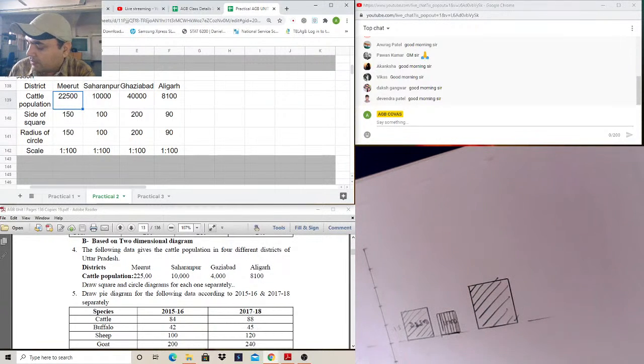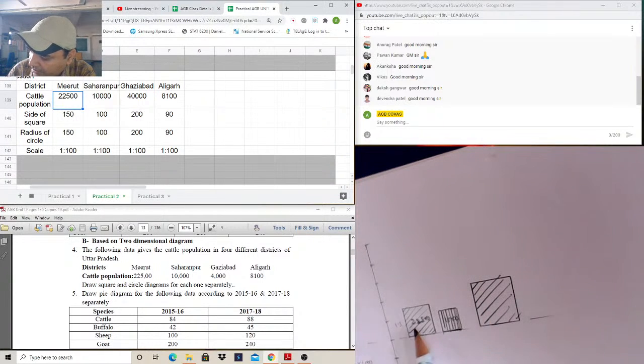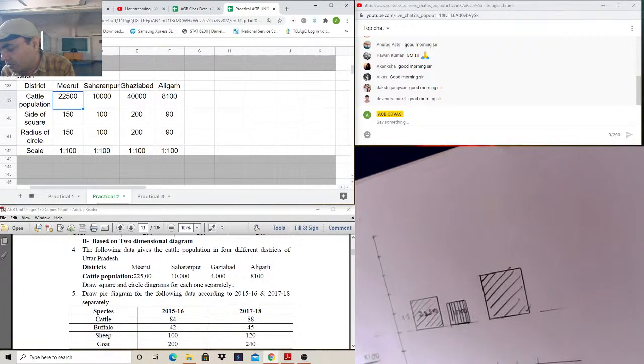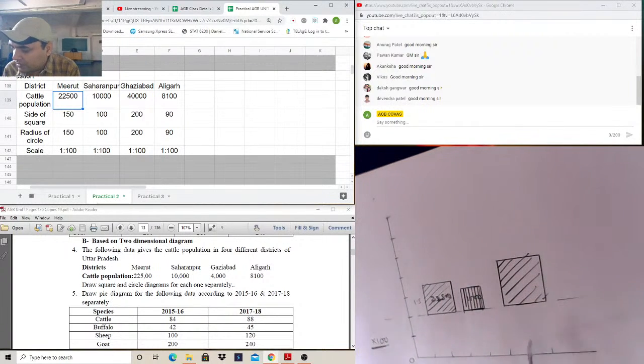So this will be Ghaziabad. You can now very well compare based on the area in 2D diagrams, that this one is greater than this, and this is greater than this. So here, instead of taking into consideration only the length, we are also taking into consideration the width of the diagram.